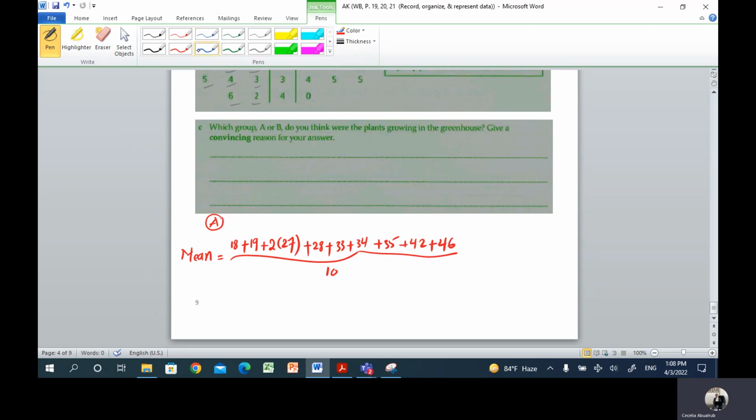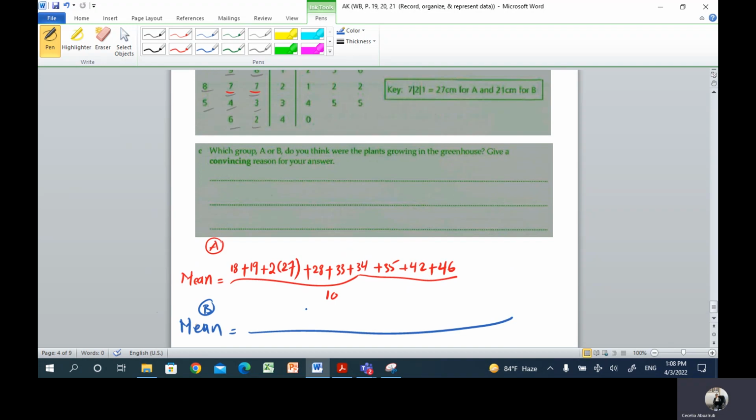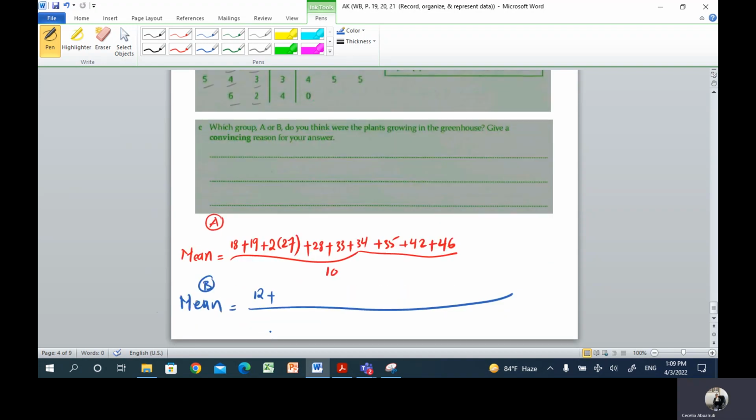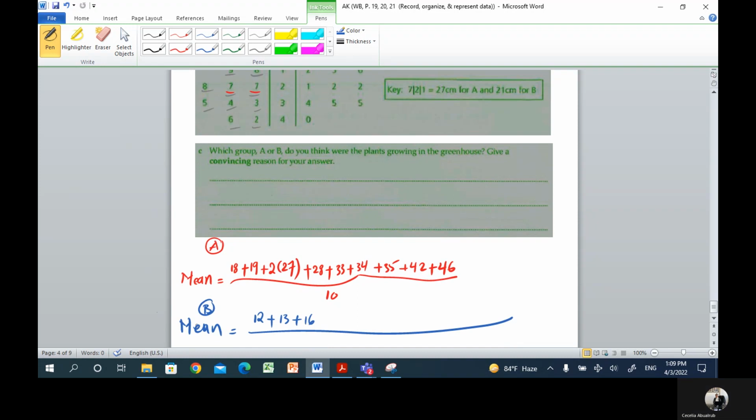We do the exact same thing for B, fraction line. So we're going to start. Okay, so it's 12 plus 13 plus 16. So that's the first row. And then 21.